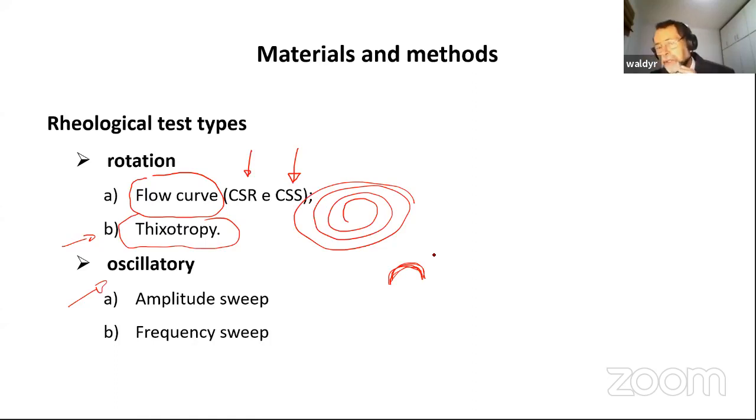So it's oscillatory. And then you can fix, for example, the frequency of this oscillation. This is a dynamic test. And increase the amplitude. So the amplitude can be not only this, but maybe the next will be like this, maybe like this, and the amplitude is increasing, but of course back and forth.